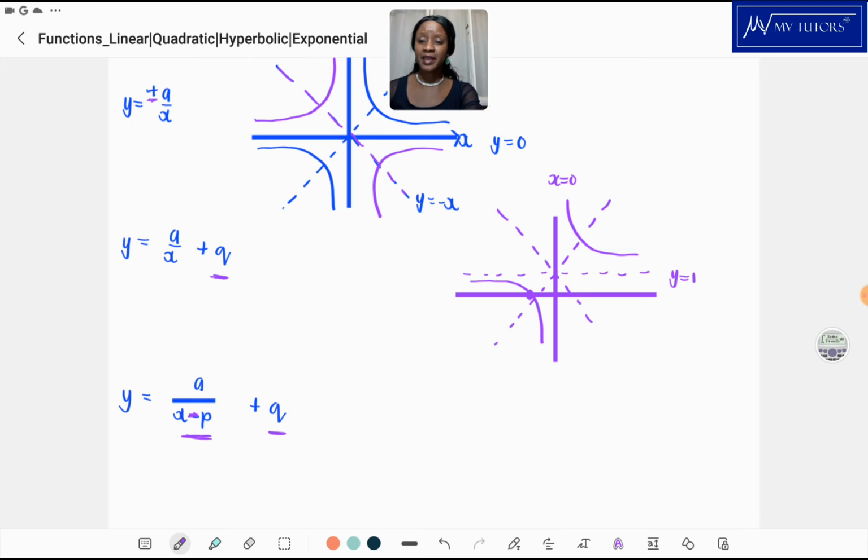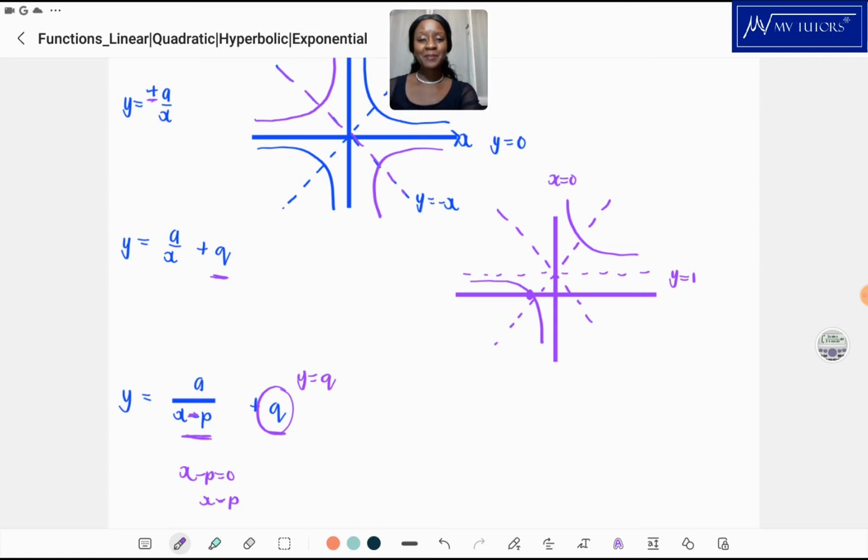Just be aware of that. For the equations of your asymptotes, q gives you the asymptote y is equal to q, whether q is positive or negative. And x minus p will be 0, so x is equal to p, and that is your other equation of the asymptote.